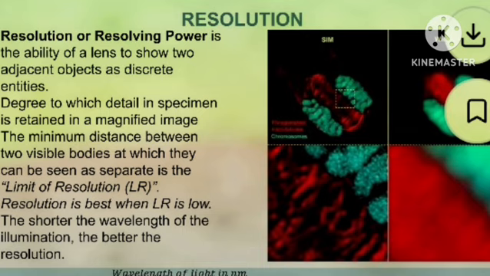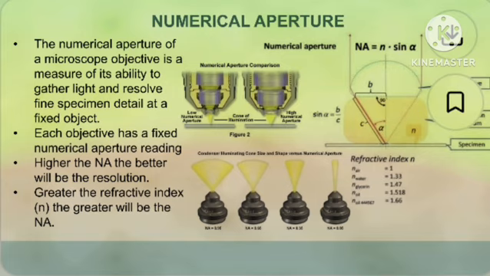And the next principle, numerical aperture. The numerical aperture of an objective is a measure of its ability to gather light and resolve fine specimen detail at a fixed object distance. Each objective has a fixed numerical aperture.